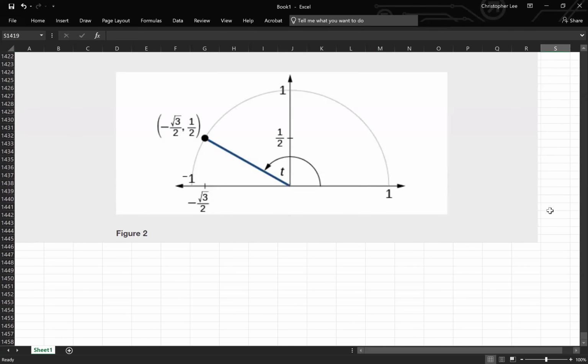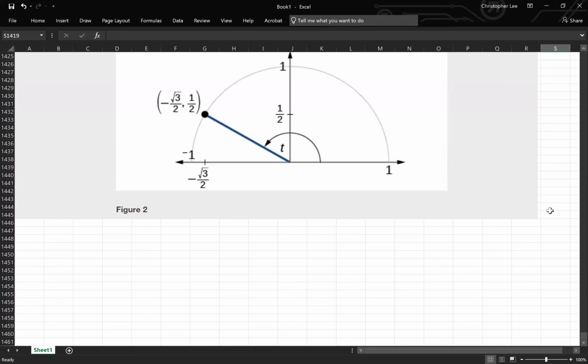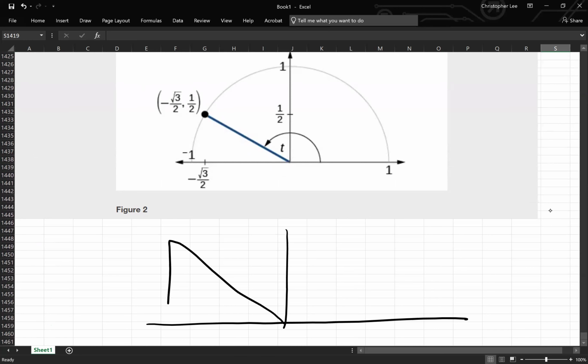So the easiest way to do this, in my opinion, is to complete the triangle here. For me, this is the second quadrant. They're calling all of that T, but I call this T right here.